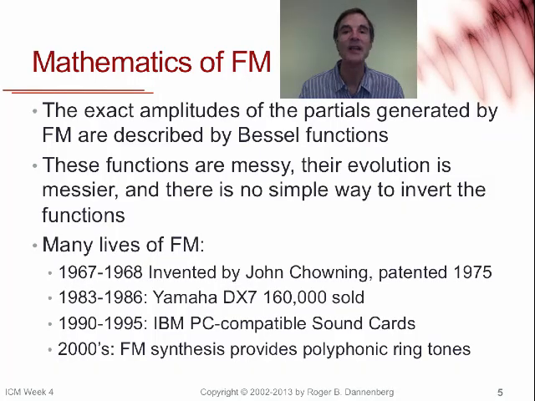It was a very important patent for John and for Stanford University and for computer music at Stanford. It was licensed by Yamaha, and in 1983 they came out with the DX7 synthesizer. They sold 160,000, which was a very large number, millions and millions of dollars. So it was a very important product.